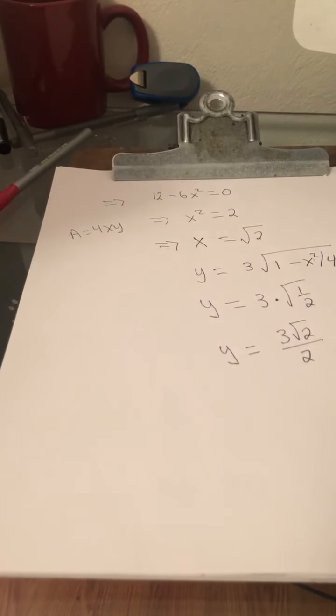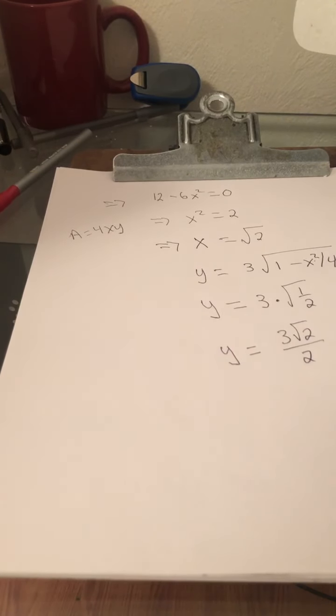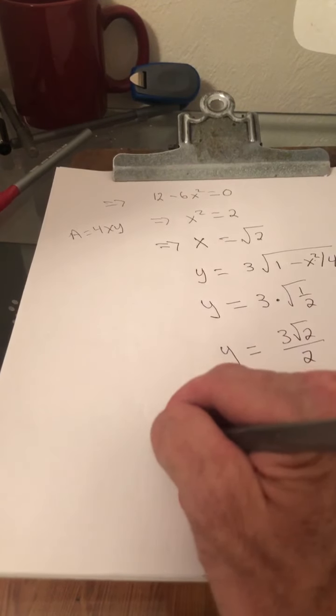So we're getting there, we're very close. Remember, the directions were to find the area of the largest rectangle, so we're very close.